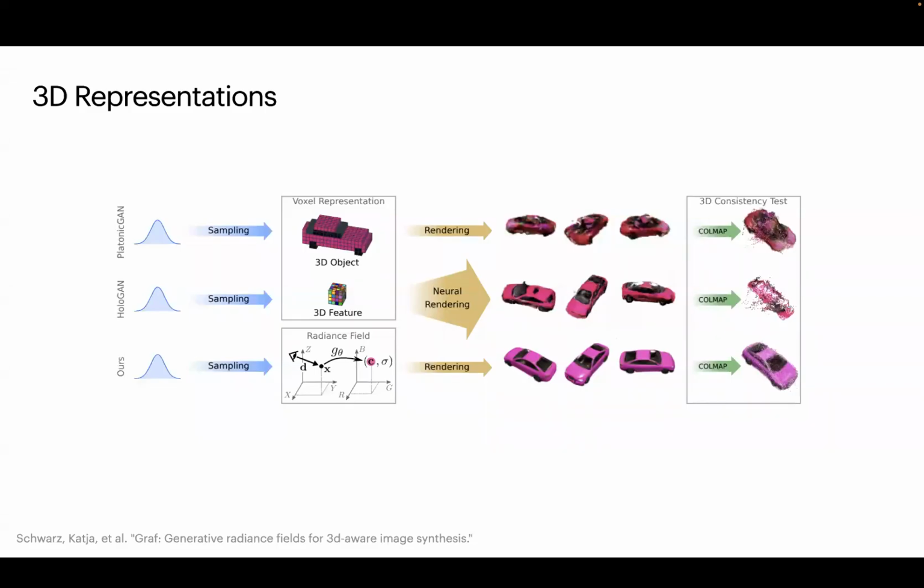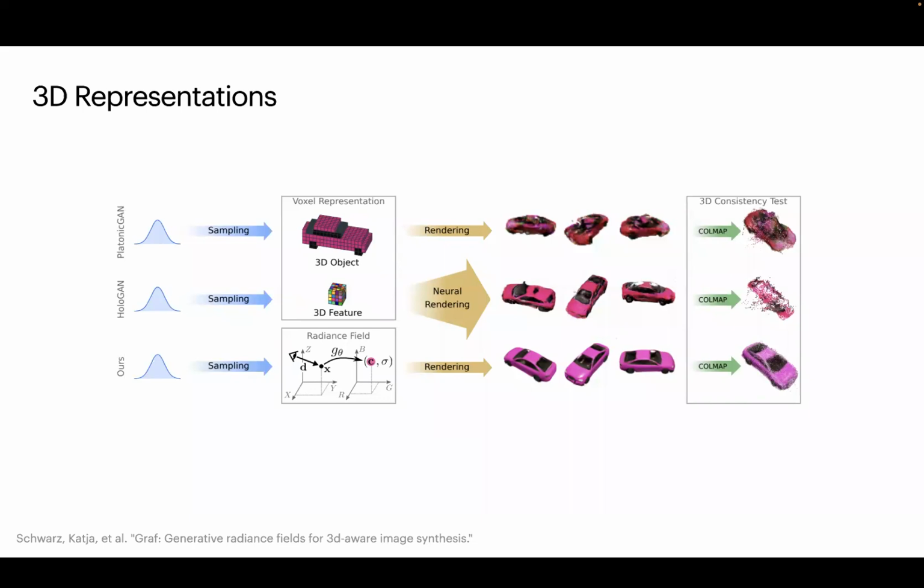So as we can see here, we have PlatonicGAN, and we also have HoloGAN, and also a very mature version, GIRAFFE, proposed by the same research group, the Max Planck Institute for Intelligent Systems. So here they have a comparison between these three methods of 3D representation. As we can see, PlatonicGAN uses a representation called voxel representation.